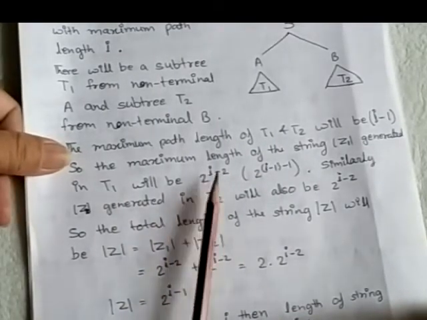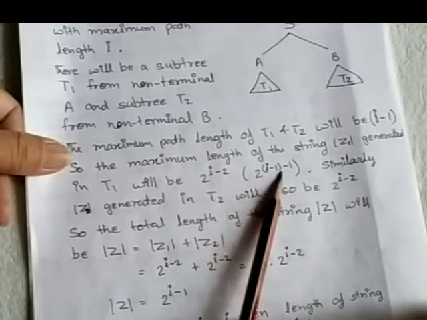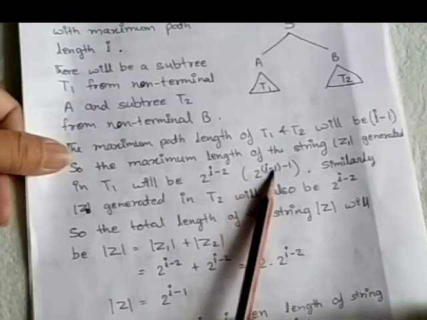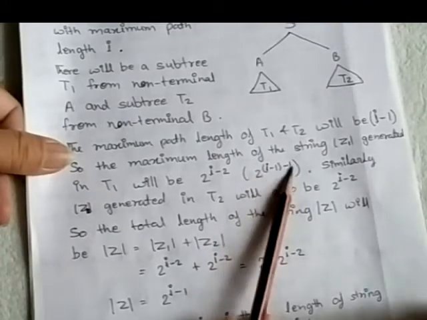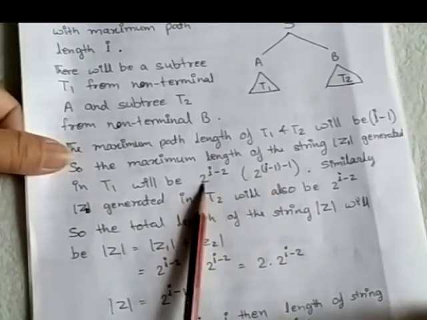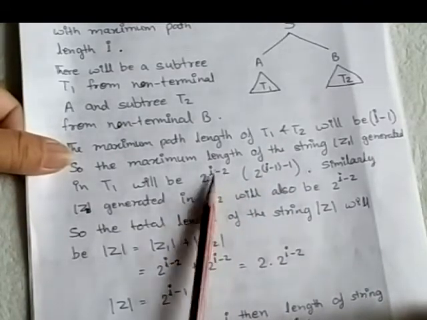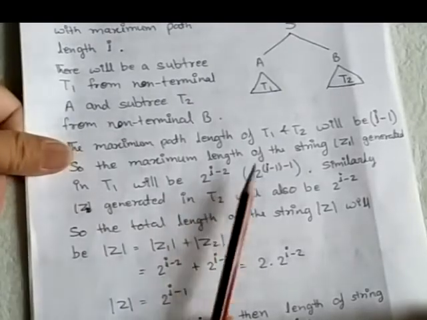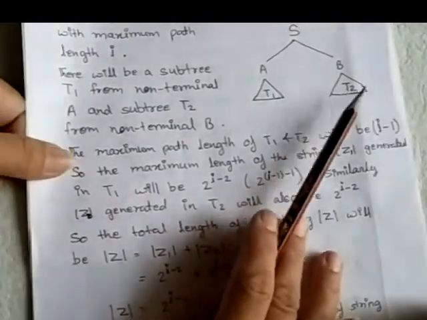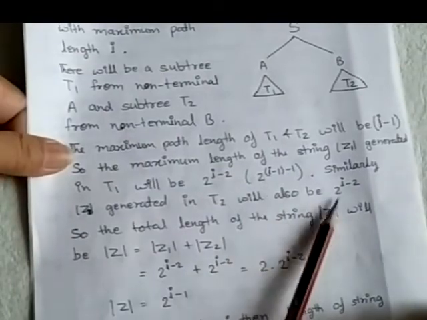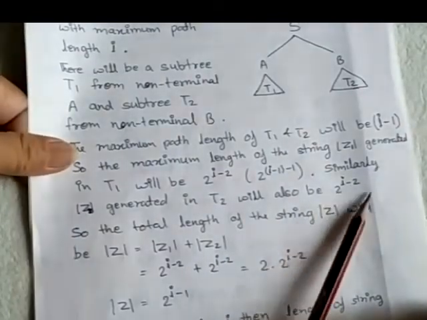Here, instead of I minus 1, I am having I minus 1 minus 1. So it will become 2 raised to the power I minus 2. Similarly, the string generated by tree T2 will also be 2 raised to the power I minus 2.